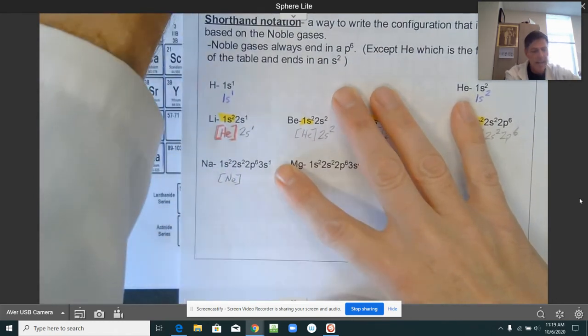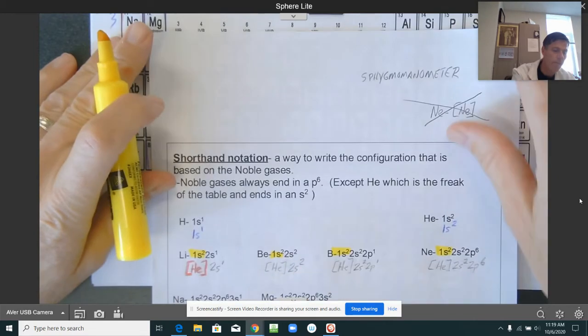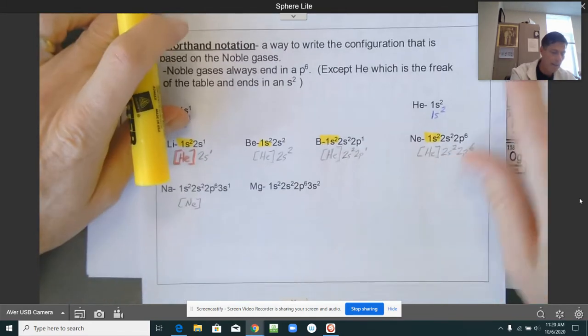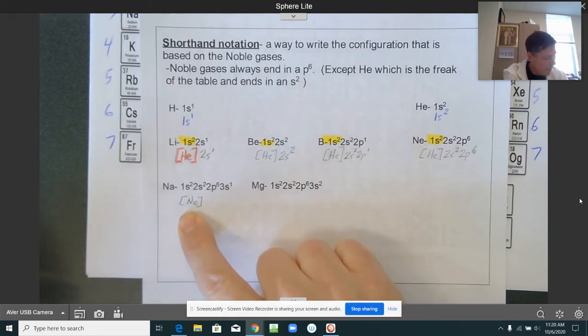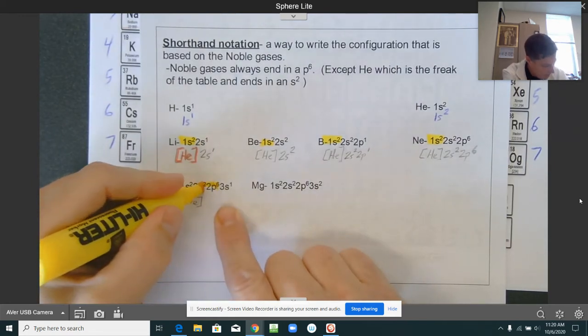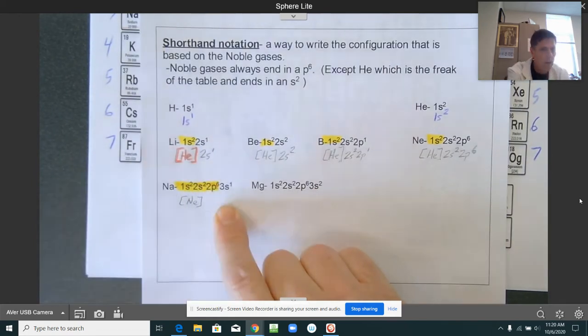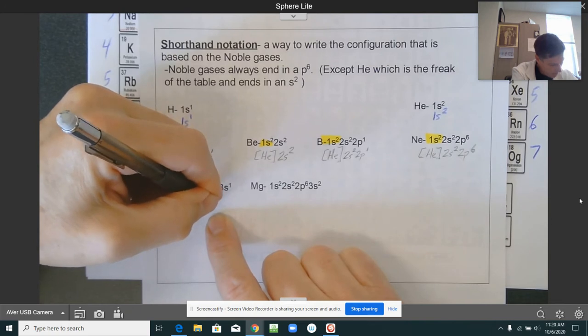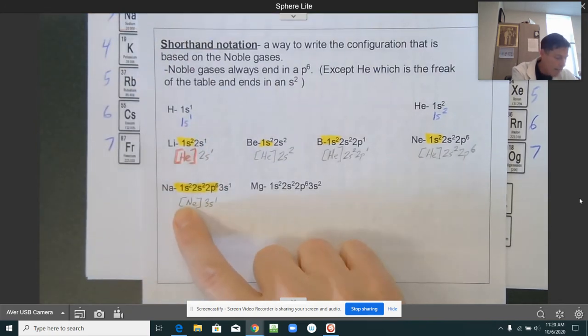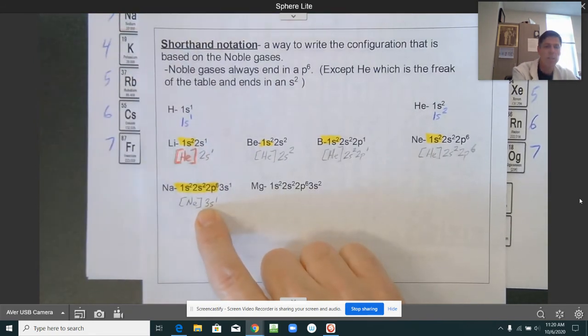And if I look at the ending configuration for neon, we said neon ends in a 2p6. So by writing Ne in brackets, it replaces all of that. Now I just write whatever's left. So now we're definitely saving some work.